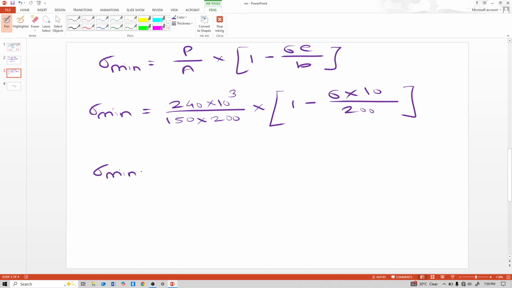So calculate this: 240 into 10 raised to 3 divided by 150 into 200, into 1 minus 6 into 10 divided by 200, so it is 5.6.